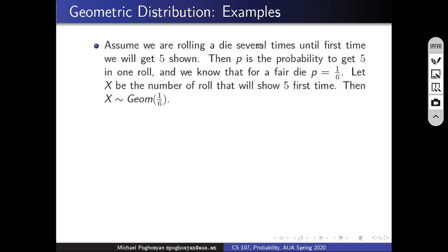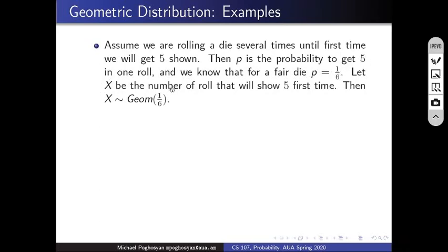We are rolling the dice several times until the first time we get 5 shown. So p is the probability to get 5 in one roll. And we know that for a fair die, the probability of having 5 is 1/6. So we are repeating, rolling that die until we have 5.